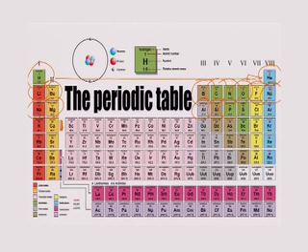P, phosphorus. S, sulfur. Cl, chlorine. Ar, argon. K, potassium, kalium, and Ca, calcium. Many of these words end in IUM again. But what we see there is an arrangement of all of the elements.